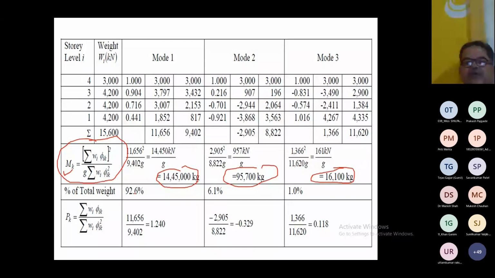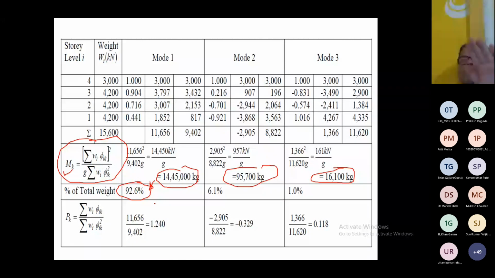So if you consider the total mass, then 90% mass is participating in the first mode. And the code is saying that more than 90% is okay. 90% mass has to participate. So if you consider the first mode, that will be okay. There is no need to consider the second and third mode, right? You get my point. In the first mode itself, we are getting 90% participation.